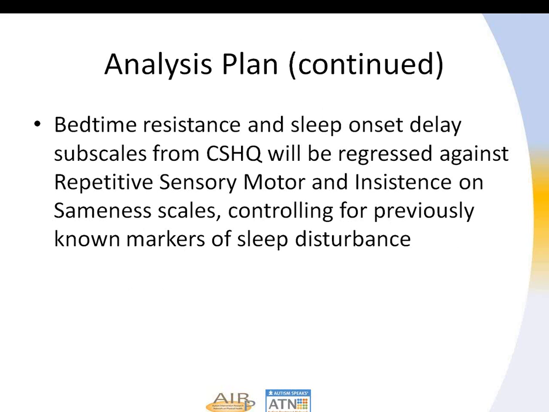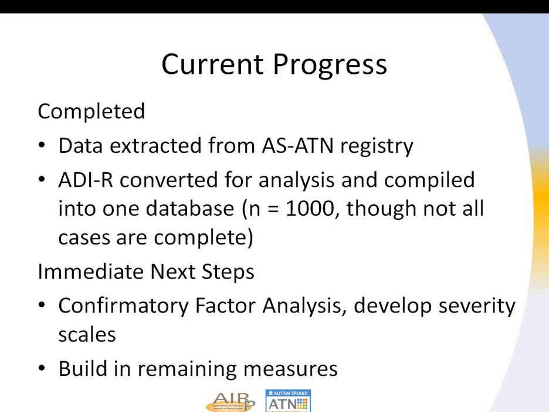Bedtime resistance and sleep onset delay subscales can easily be derived from the Children's Sleep Habits Questionnaire. These scales will be regressed against the repetitive sensory motor and insistence on sameness scales, controlling for previously known markers of sleep disturbance.